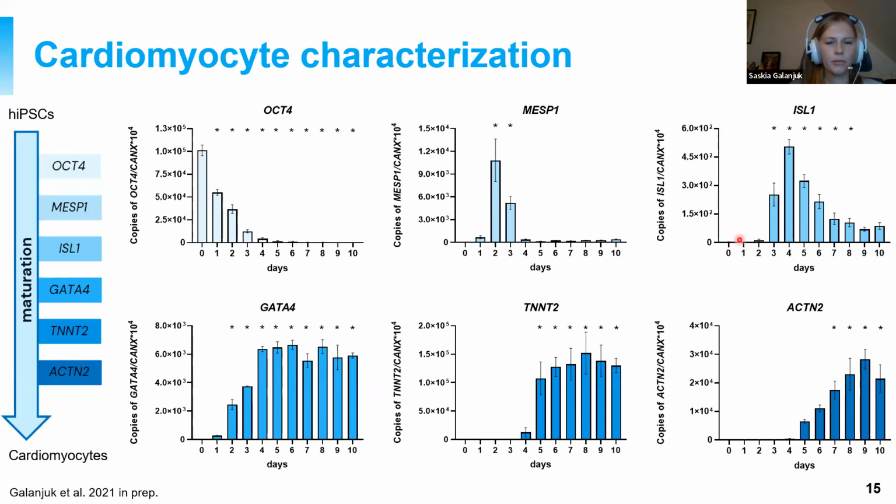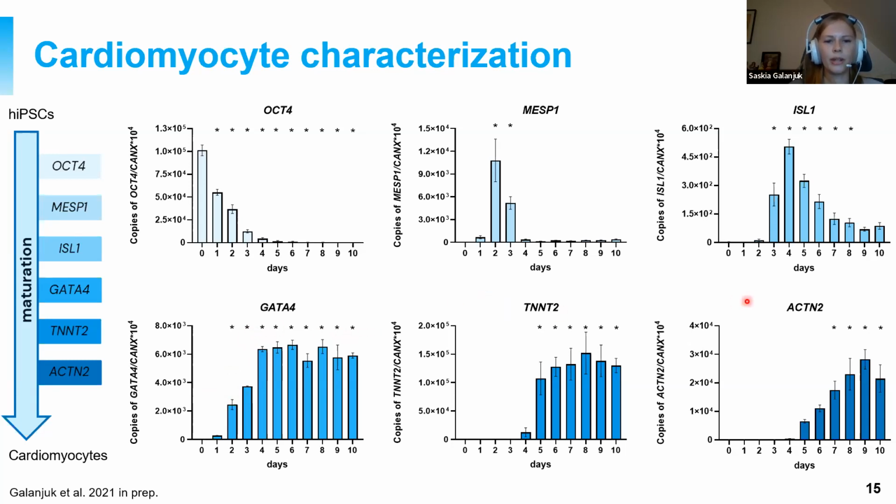And subsequently, ISL1, a cardiac progenitor marker, arises too. Both MESP1 and ISL1 are downregulated during maturation, which is accompanied by an increased expression of the cardiac progenitor marker GATA4, which is expressed until day 10.